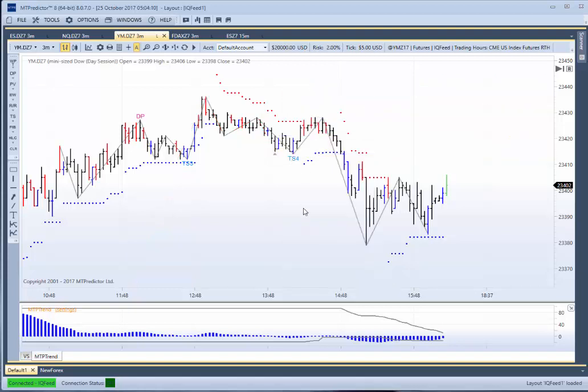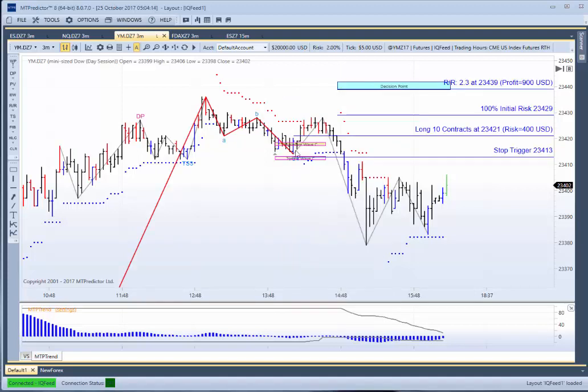There was another TS4 buy setup here, again a valid one on a blue MTP trend. This one didn't quite get to the 100% initial risk level, came back down, so this would probably be a losing trade as well. So yes, losses can and will and do happen, but again this would have been only minus 1R. So even if you had taken this plus this first trade, then these second two trades, you'd have had 2 losing trades, 1 profitable trade, but the 2 losses will be kept at minus 2R.